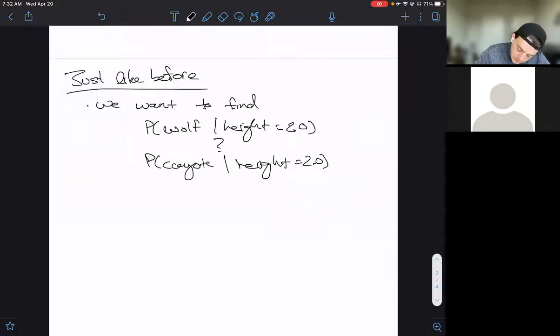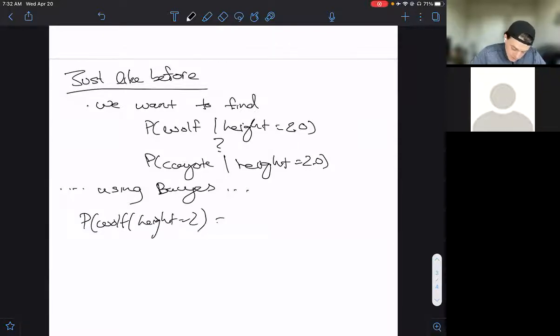And using Bayes' formula that we've derived before, we know that the probability of a wolf given a height equal to 2 is equal to the probability of the height.